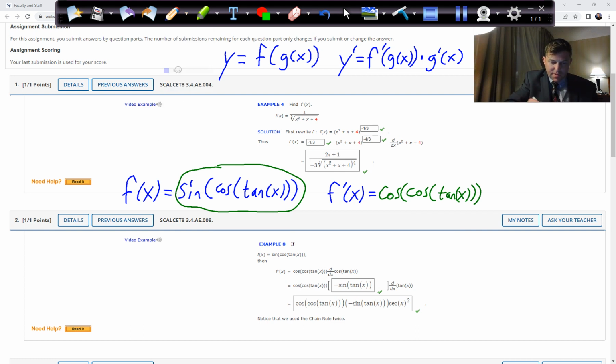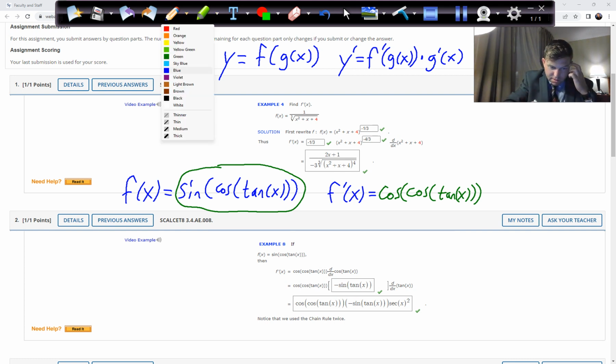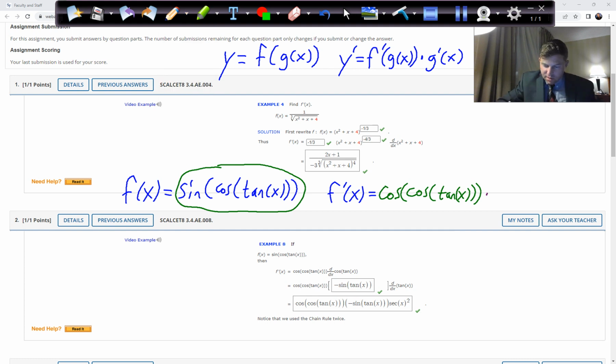Times the derivative of the next inside term. The next inside term would be cosine of tangent x. Well, the derivative of cosine is minus sine, and we're going to leave everything inside of that the same. So everything inside of that is tangent x.